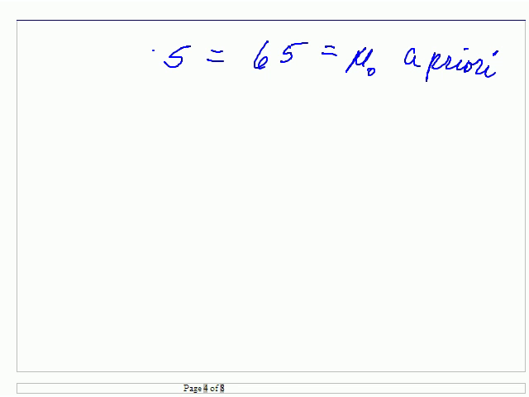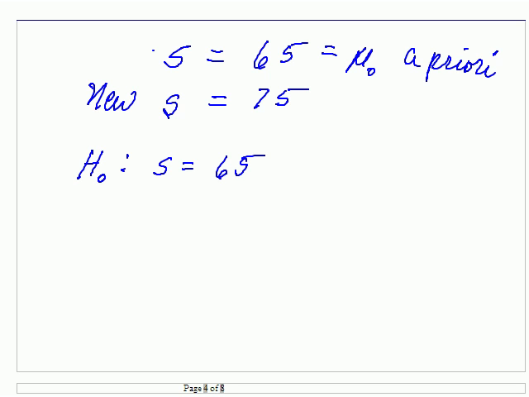Then a new study comes along and looks again at the speed of these cars and says, no, people are going more like 75 miles an hour. So here is the formulation into hypotheses. The null hypothesis will be that the speed equals 65, or the average speed. You could use mu, but we'll use S for speed, and that'll be fine too.